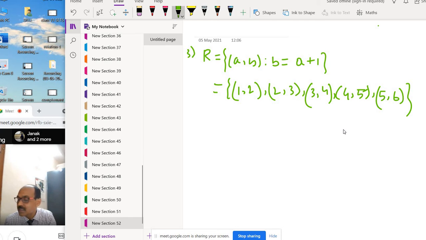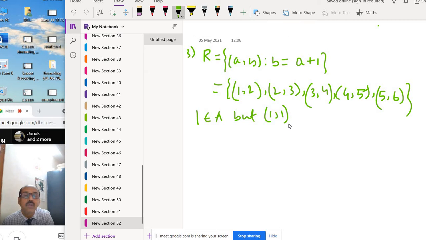Okay. So first, see if it is reflexive or not. Take one element, 1 belongs to the given set A. 1 belongs to A, but (1, 1) does not belong to R. See the relation, (1, 1) is not present. (1, 1), (2, 2), (3, 3) like these are not present.